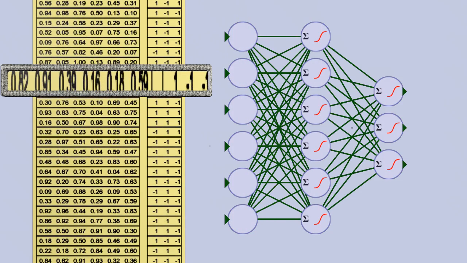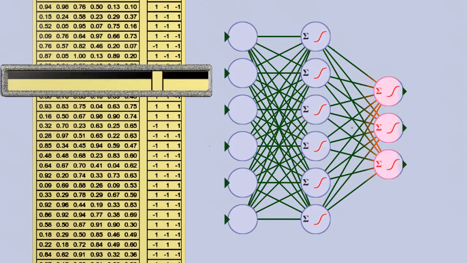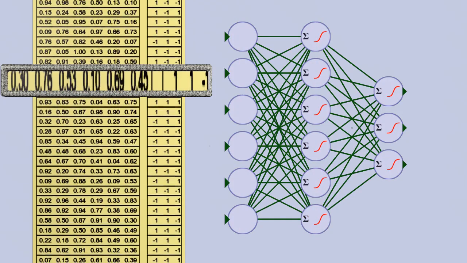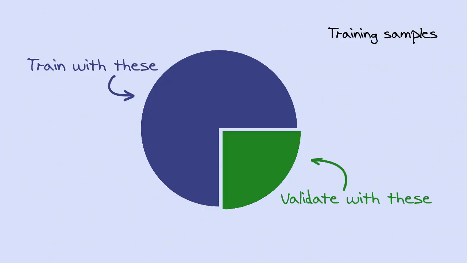Now, one little trick that you can do is collect all of your training samples and then set aside a certain percentage of them, like half of them or 20% of them or 10% of them, as test cases for after you've stopped the training. Then take the other samples, use those for training until you finally get what seems to be a good solution from your neural net. And then freeze all of the weights and use those samples that you've set aside in order to see whether or not your neural net can continue working accurately on data that it's not seen before.